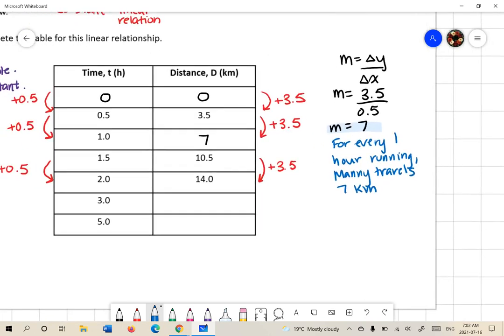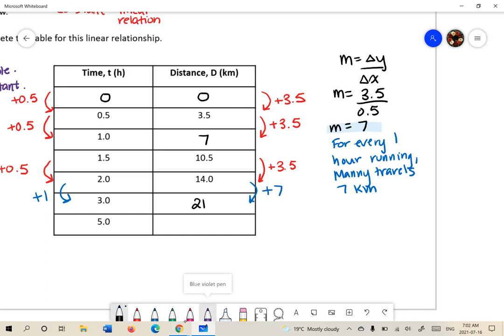So when x is increasing by 1, y is increasing by 7. Jumping to the next row, this is increasing by 2, which means we need to double 7, because we're doubling x.